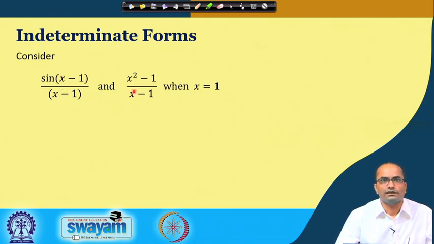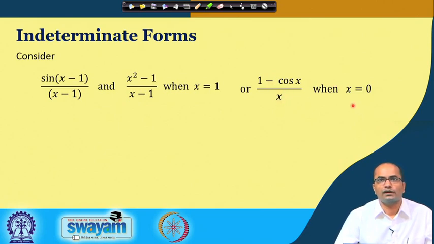expressions given here. Or for example, we have 1 minus cos x over x, and we want to see what will happen to this expression when x is equal to 0. If we put x is equal to 0 here, 1 minus cos 0 is again 1 minus 1, so 0 divided by 0. So, we have another 0 by 0 form, which cannot be evaluated directly by substituting x is equal to 0.